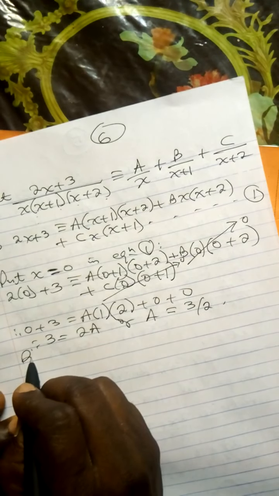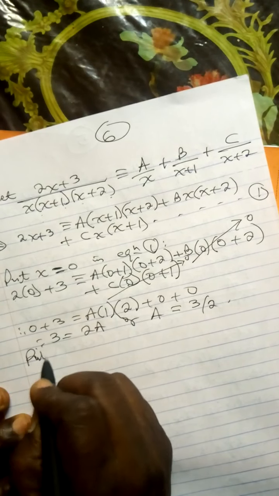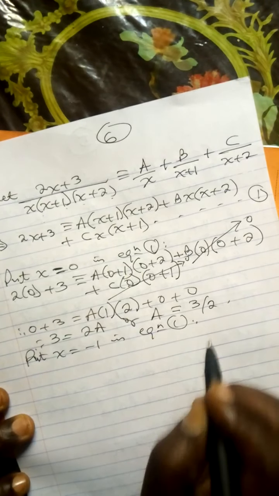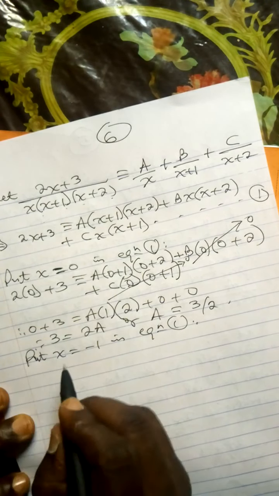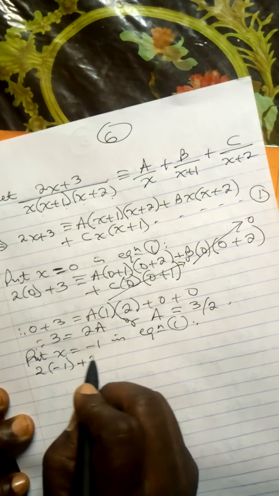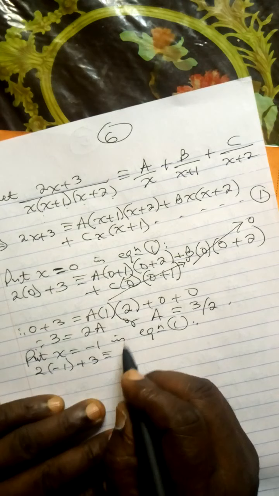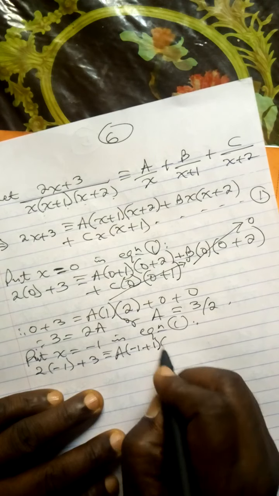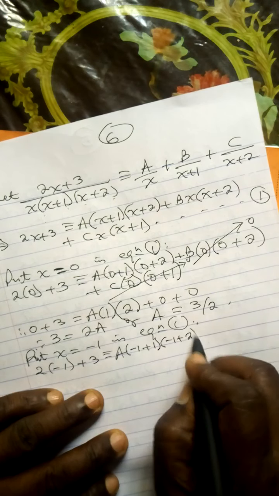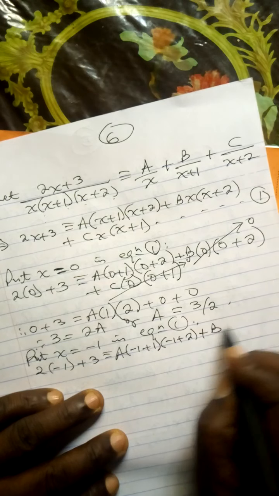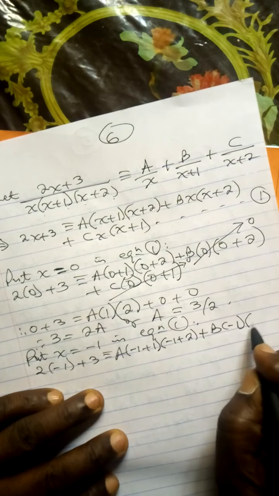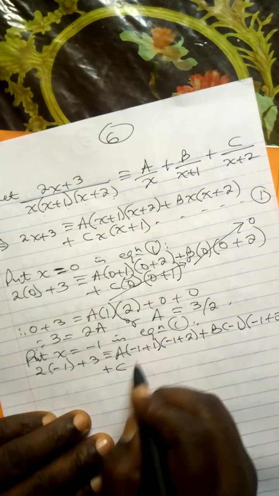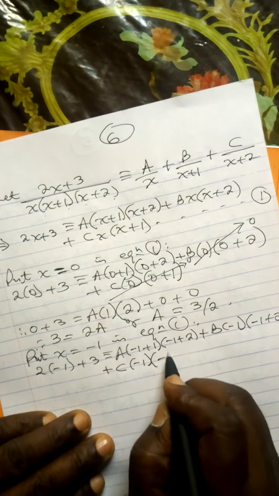Put x equals minus 1 in equation 1. Then the left hand side of that equation 1 becomes 2 into minus 1 plus 3 is equivalent to a into minus 1 plus 1 into minus 1 plus 2, plus b into minus 1 into minus 1 plus 2, plus c into minus 1 into minus 1 plus 1.